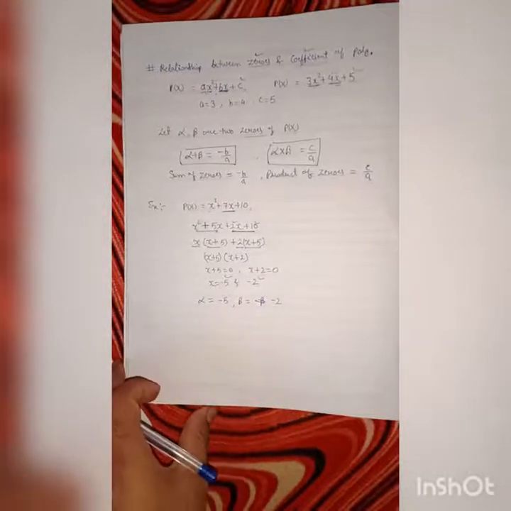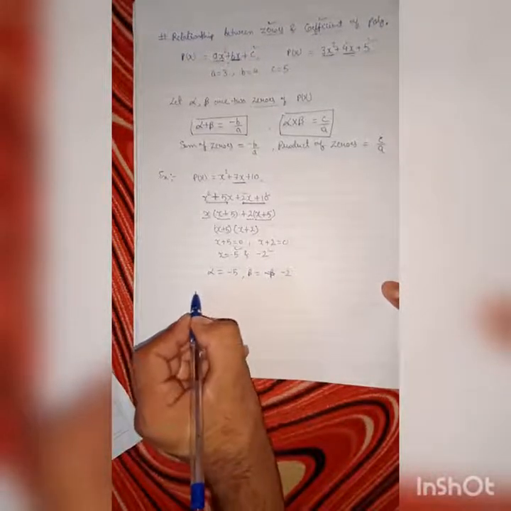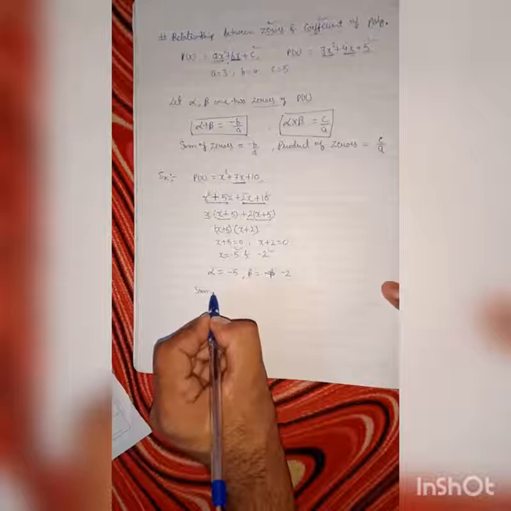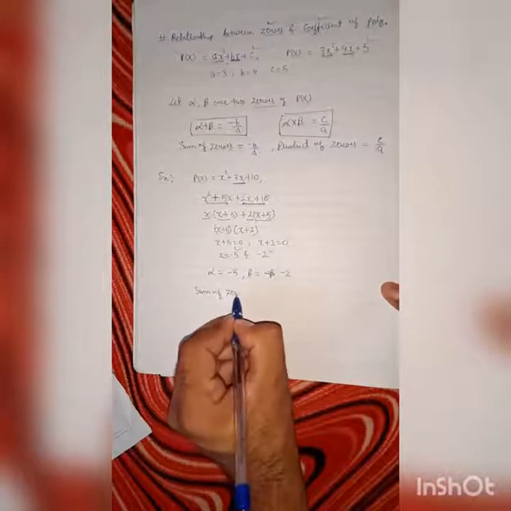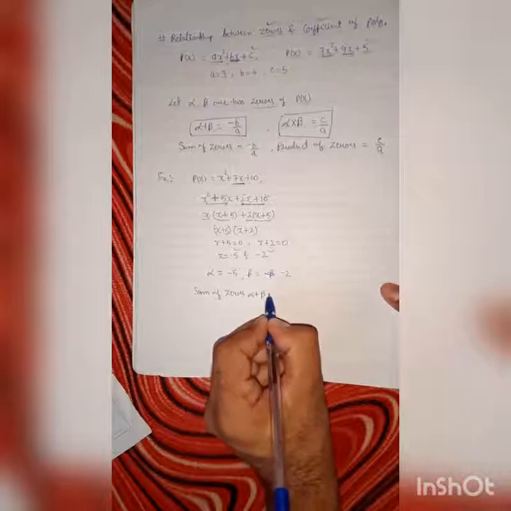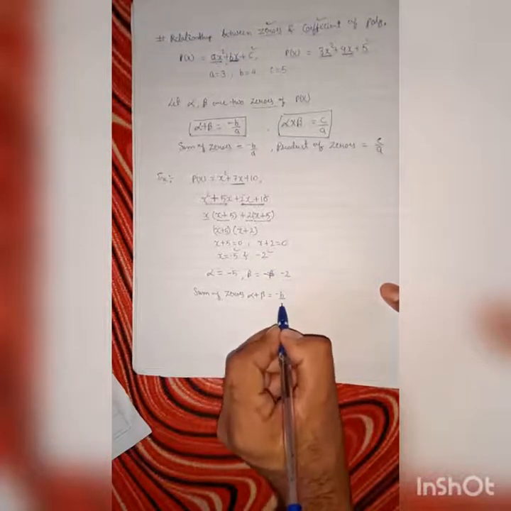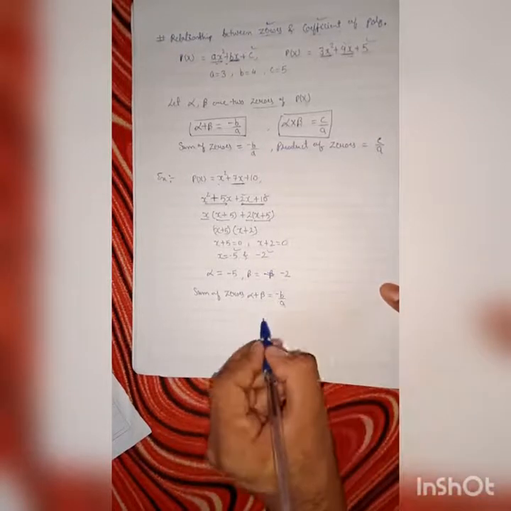Understand? Now we have to show the relationship between their zeros and coefficients. Okay, so first we know that sum of zeros can be shown by alpha plus beta, and we know that it is minus b upon a.